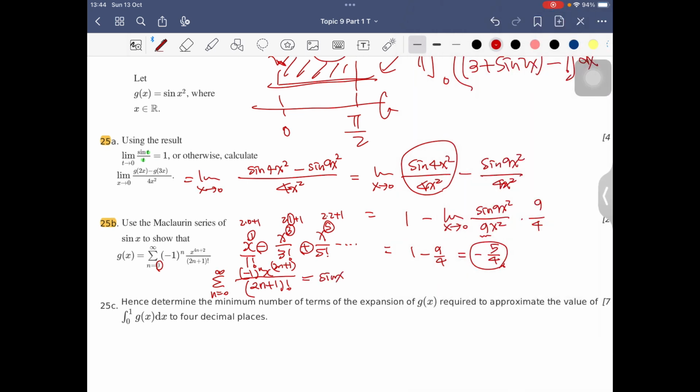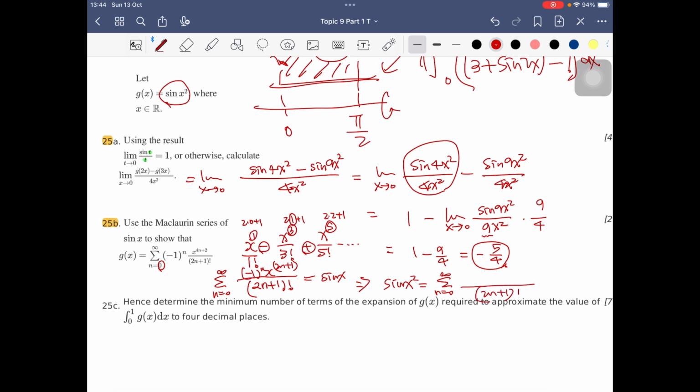But now we need to show sine x squared, which has x squared instead of x. So sine x squared becomes the sum from 0 to infinity of negative 1 to the n, x squared to the power 2n plus 1 over 2n plus 1 factorial, which makes 4n plus 2.